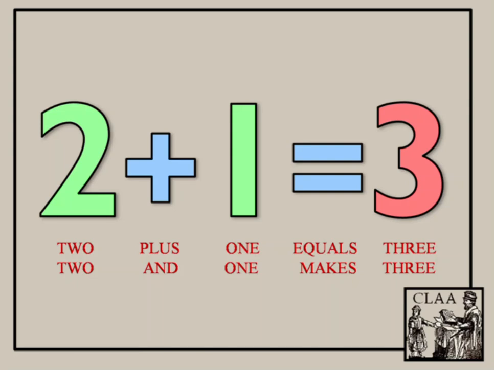Whenever we add numbers together, the numbers add up to make a sum. The red number 3 is the sum of the addition of 2 plus 1. 2 plus 1 makes a sum of 3.